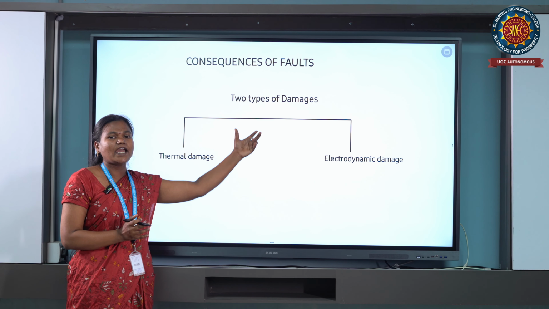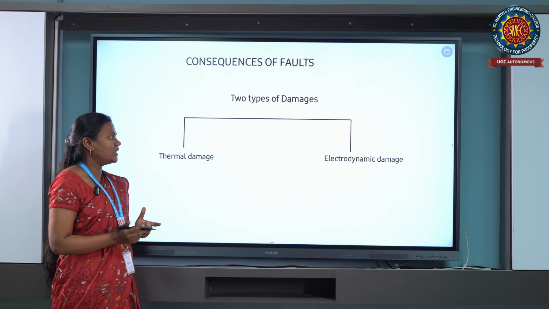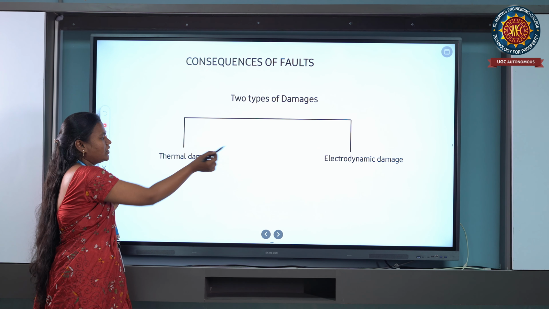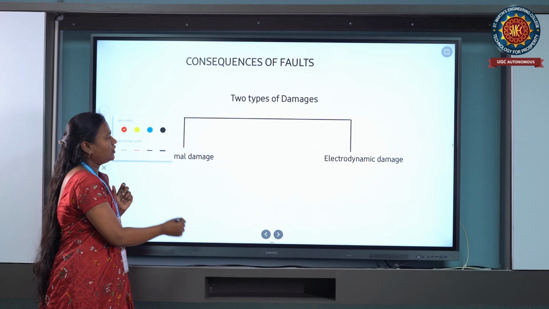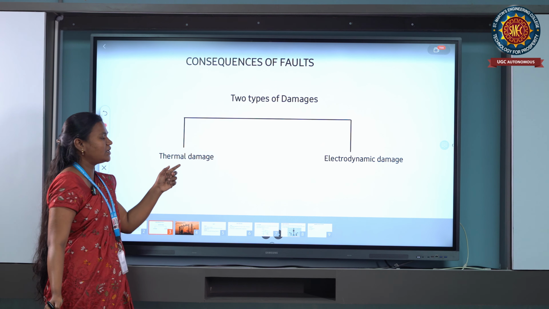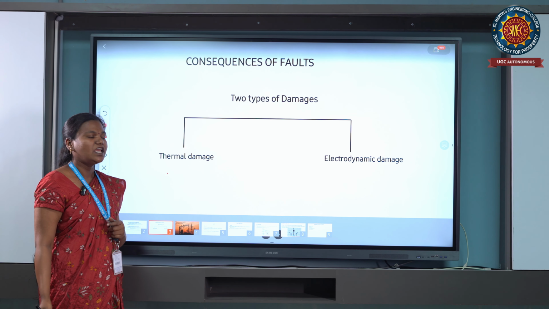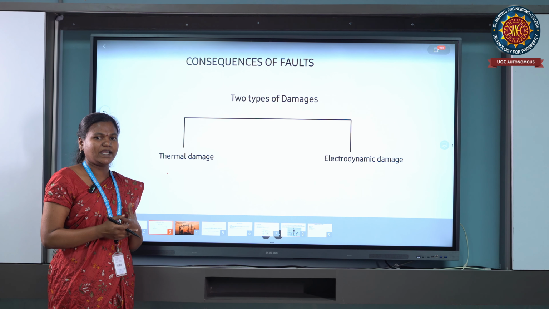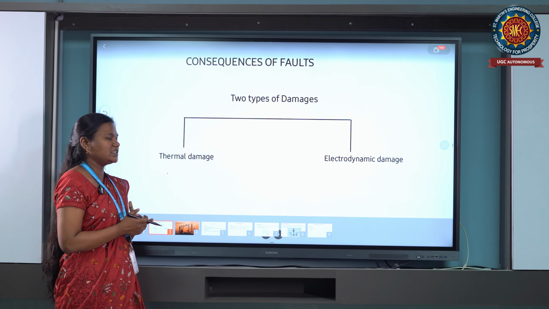Here we get two types of damages: one is the thermal damage and the other is the electrodynamic damage. What is the meaning of thermal damage? We provide some insulation to every equipment, to conductors.